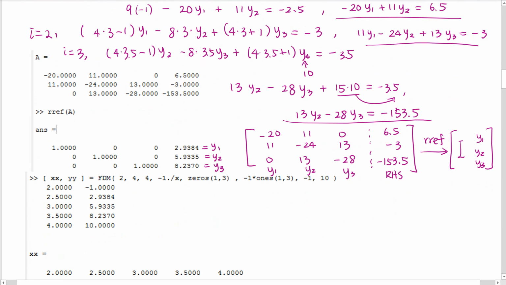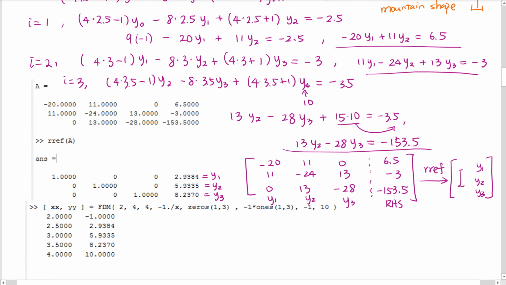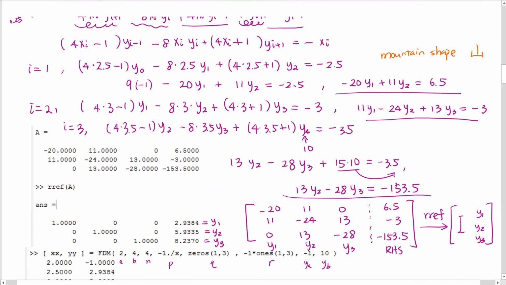And if we do the finite difference formula, you can see how we input the P, Q, R. So here, the left hand point is 2, right hand point is 4. We divide it into, so this is like A, this is like B, this is N, and this is P, Q, R. This is YA, this is YB. Okay, what is P in this case?